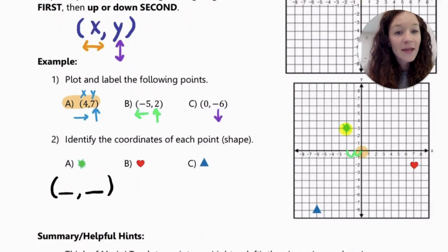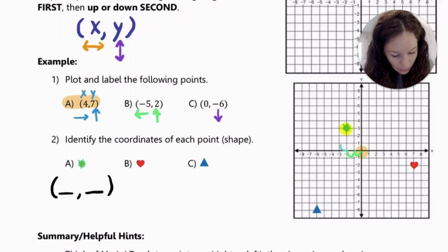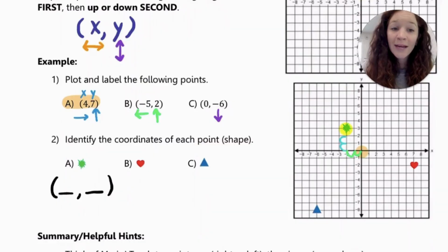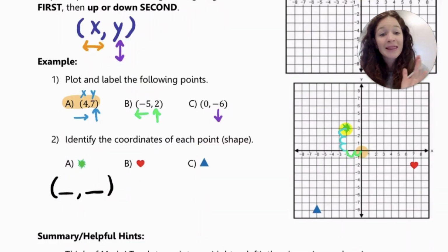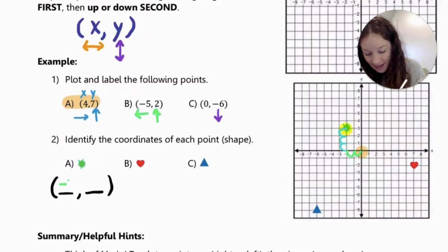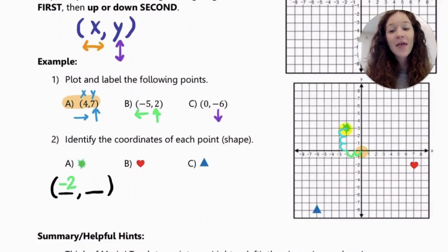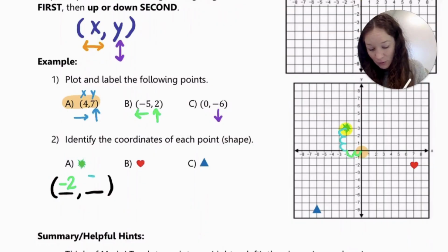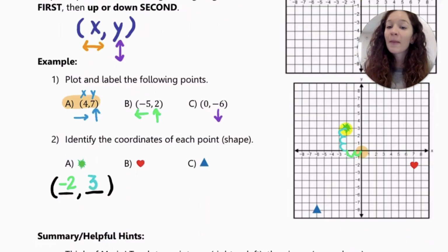And then I need to travel up, 1, 2, 3. So what I did was I traveled left 2, so that gives me the X value, negative 2, and then I traveled up 3, so that gives me the Y value, positive 3. So my ordered pair there should be negative 2, positive 3. Okay?